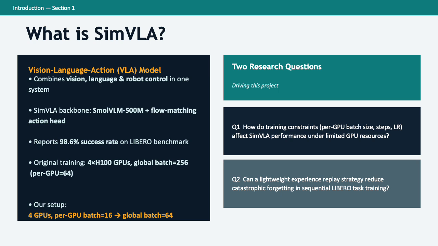In our project, we use more limited hardware with a per GPU batch size of only 16. Therefore, we investigate how training constraints affect performance, and whether experience replay can reduce catastrophic forgetting. So next, Bella will explain the background from VLA models to SimVLA.